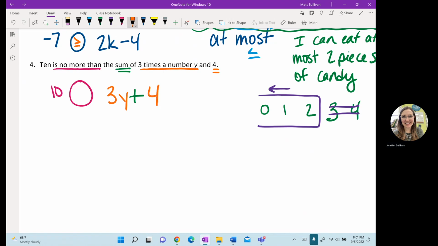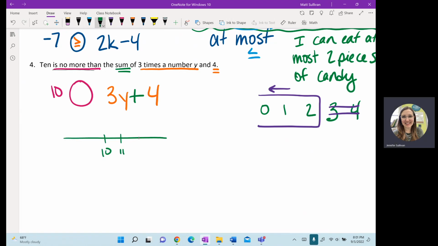Okay. So let's get again on a number line because we got to figure out this whole is no more than piece. If I'm on a number line, I'm talking about the number 10, 11, 12. Let's go the other way too and get 9 and 8. 10 is no more than. It's not more than.